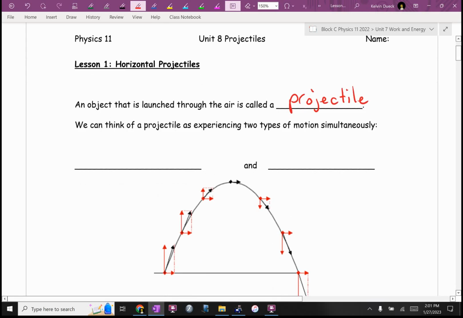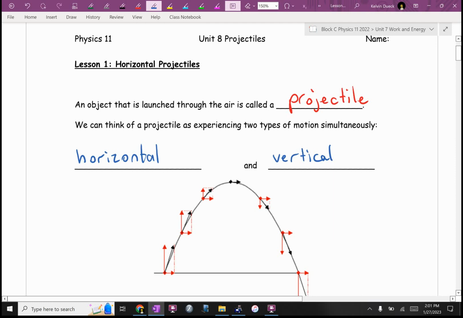We can think of a projectile as experiencing 2 types of motion simultaneously. Remember the demonstration that I did before I started recording with Kenta and I. We said you can think about it as having horizontal motion and vertical motion.